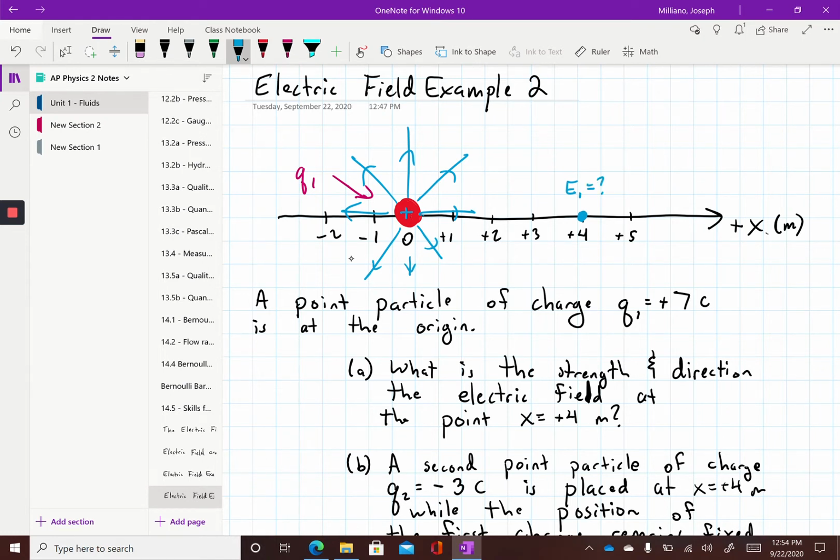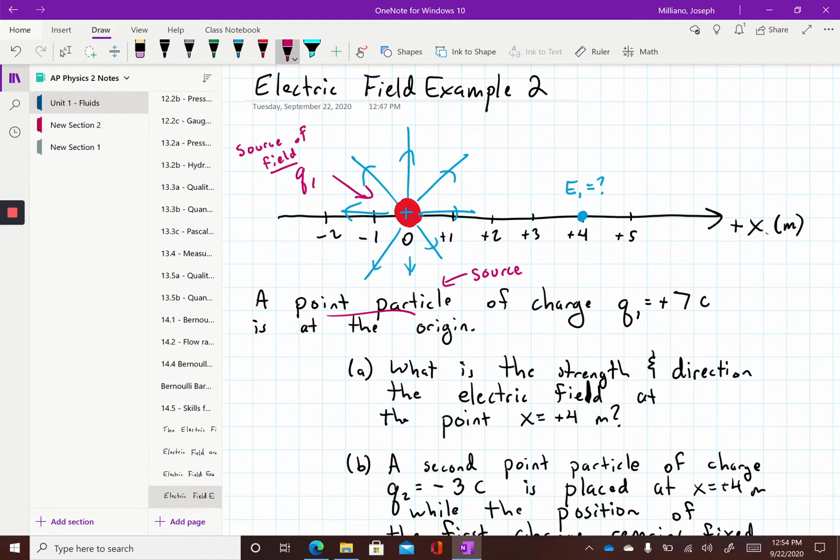And the second question is what happens when we place a second charge in that field. So some terminology, we are going to choose to call charge 1 the source of the field. So this point particle is our source. This is somewhat of an arbitrary choice, but we're going to look at its electric field.